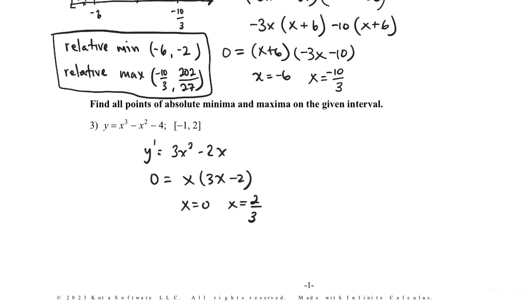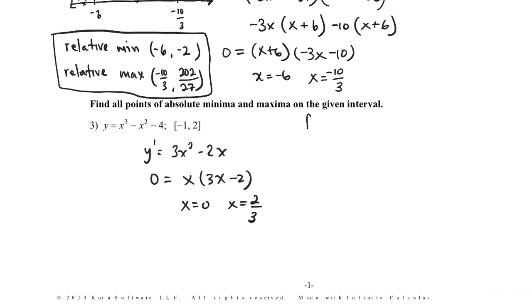Now how this is different from the first derivative test, rather than placing those critical numbers on a number line like we did in question 2, we find the corresponding y values for each of these x values and for the two endpoint x values of negative 1 and 2.